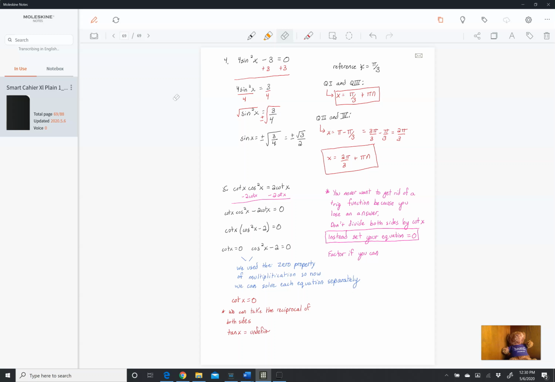And when we take the reciprocal of both sides, the reciprocal of cotangent of x is tangent of x. And the reciprocal of 0 is undefined. So what we're looking for is values of x, okay, where the tangent is undefined. Well, tangent is undefined when cosine of x equals 0.